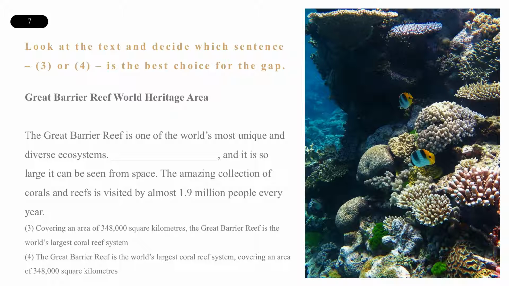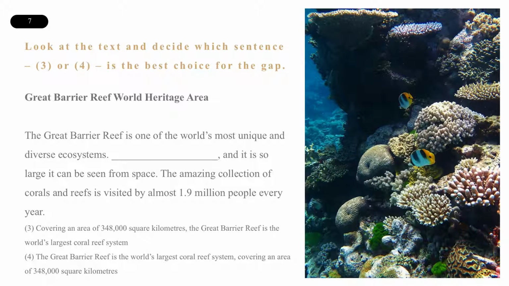So look at this text and decide which sentence, number 3 or number 4, is the best choice for the gap. And let me just read this to you. Great Barrier Reef World Heritage Area. The Great Barrier Reef is one of the world's most unique and diverse ecosystems. Blank.